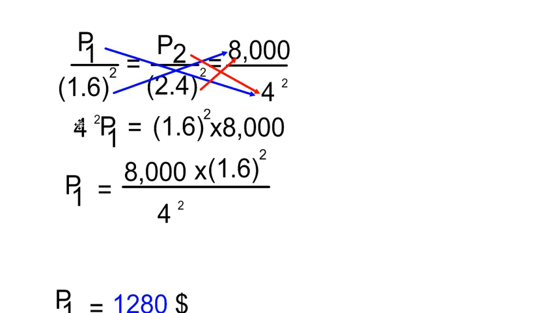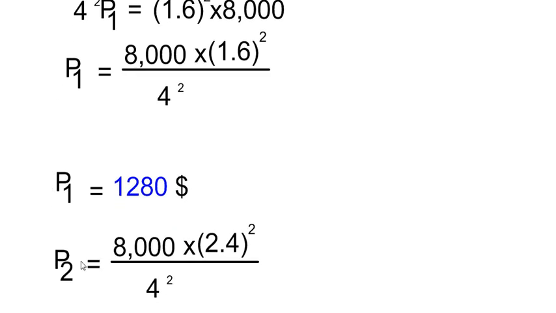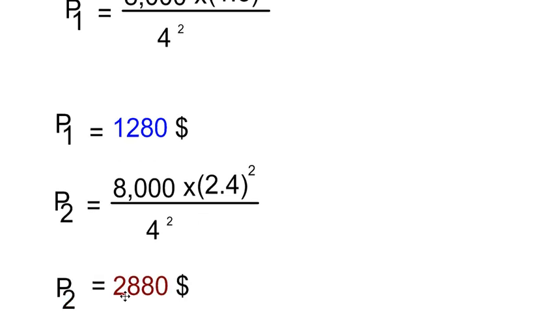So the price P2 is equal to 8,000 multiplied by 2.4 squared over 4 squared, which gives us $2,880.